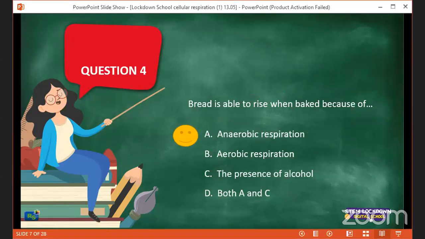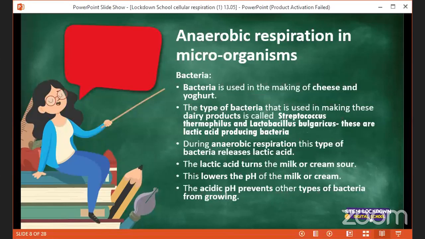Yesterday we left off when we were talking about bread making. So today we're just going to continue with bacteria, right? Anaerobic respiration in microorganisms, and now we're looking at bacteria. So bacteria is used in the making of cheese and yogurt. The type of bacteria that is used in making these dairy products is called Streptococcus thermophilus and Lactobacillus bulgaricus.